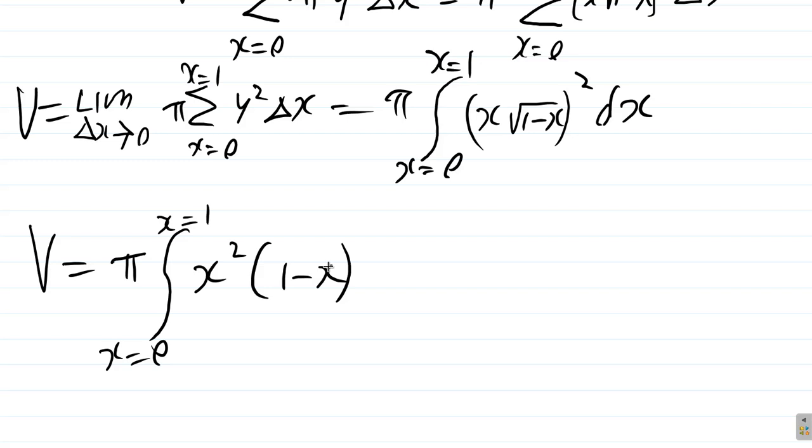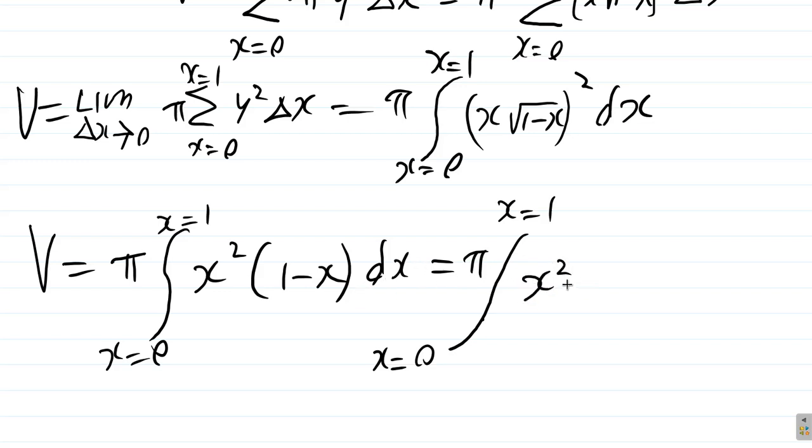When you square the square root of anything, you get back that same thing, and then you have x squared dx. Now that is equal to pi times the integral from x equals 0 to x equals 1 of, if you multiply out the brackets, x squared minus x cubed, and then you have your dx.